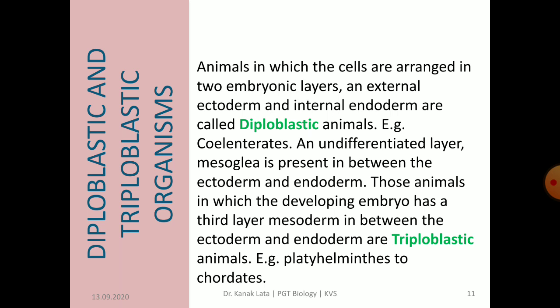In such cases an undifferentiated layer, the mesoglea, is present in between ectoderm and endoderm. But in those animals in which the developing embryo has a third layer, the mesoderm, in between ectoderm and endoderm, it is called triploblastic. It is seen in platyhelminthes to chordates.